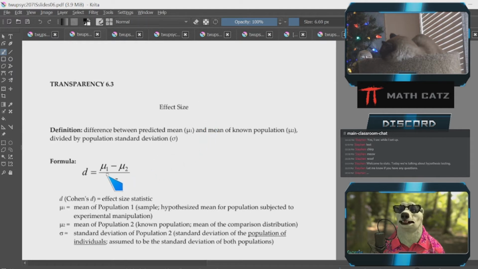So the effect size formula is going to be D, which measures the distance between the two means, the reference one and the sample mean, which is taken as our best guess of the population mean, divided by the standard deviation to standardize it in a sense, right? This is also called Cohen's D, the effect size, to measure the strength of the evidence that we collected by way of the sample.